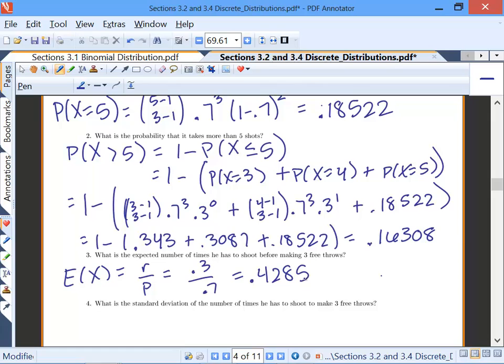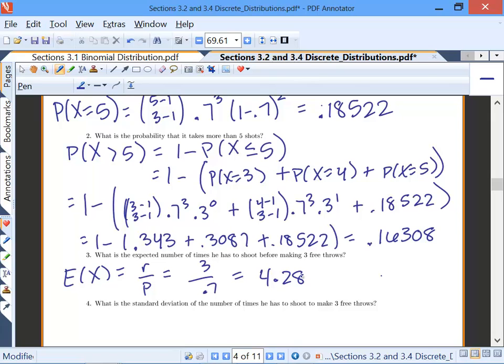That's not right, is it? R is 3. Oh, that would make a difference, wouldn't it? So 4.2. Okay, so on average, he'll have to shoot 4.2 times.